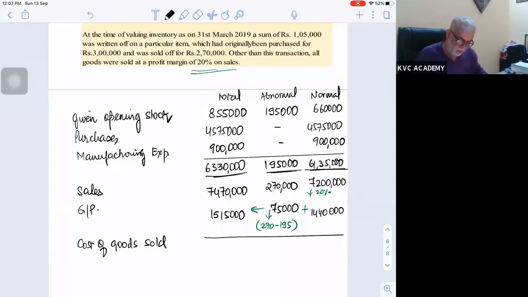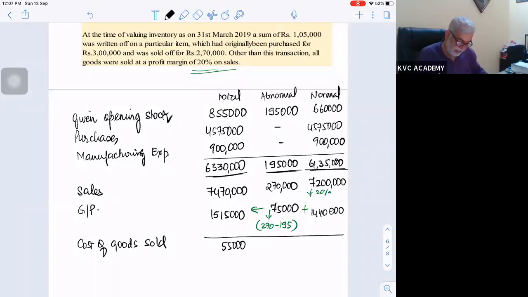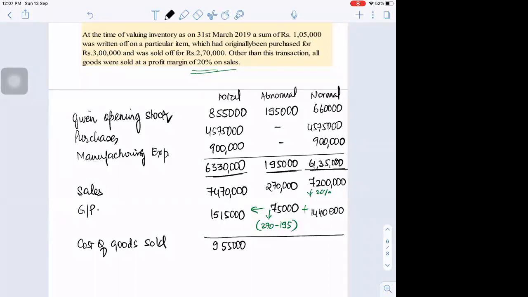Now what is the cost of goods sold? 7470 minus 1515. 59,55,000. Correct.